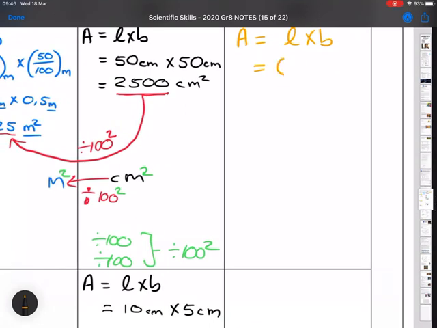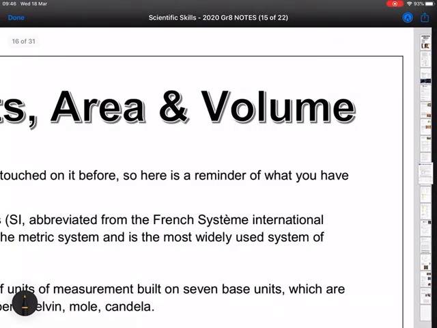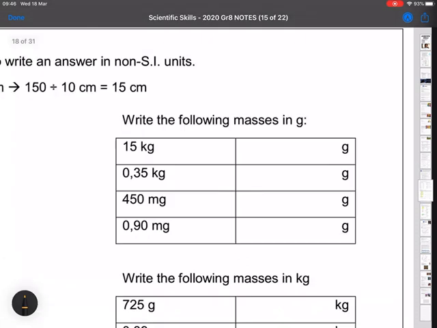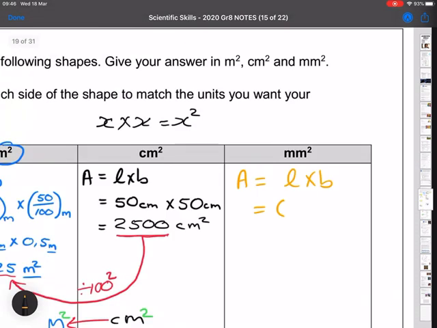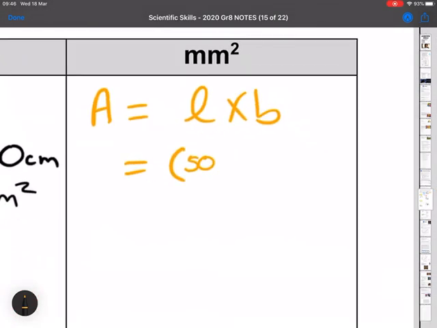So we had 50 centimeters, 50 centimeters, and if we want to convert the centimeters to millimeters, you're going to times by 10, and that's going to be in millimeters. You're going to do the same for the other side, for the breadth: 50 times by 10 to give us an answer in millimeters. 50 times 10 is 500.